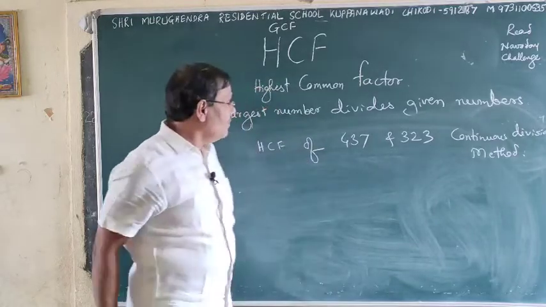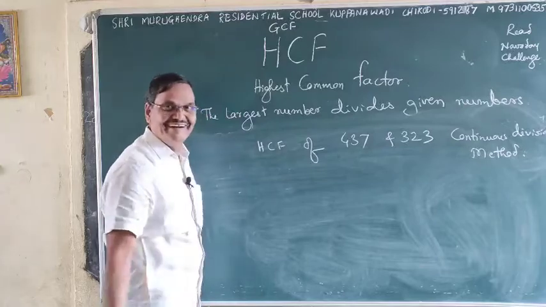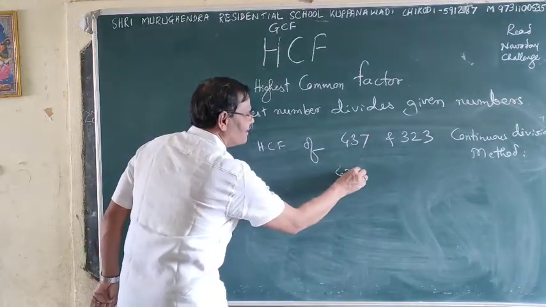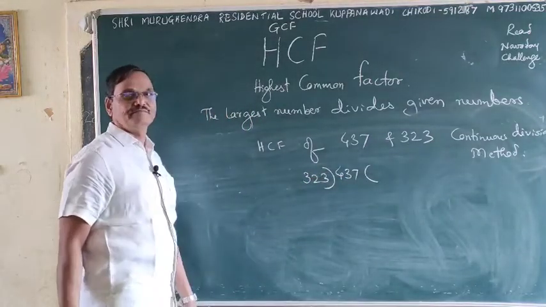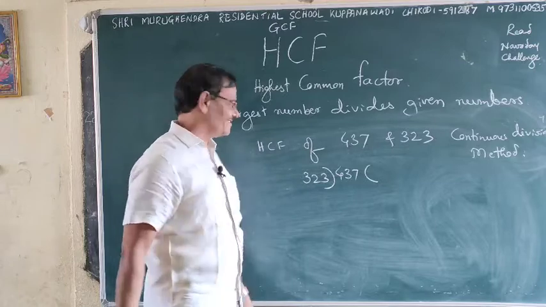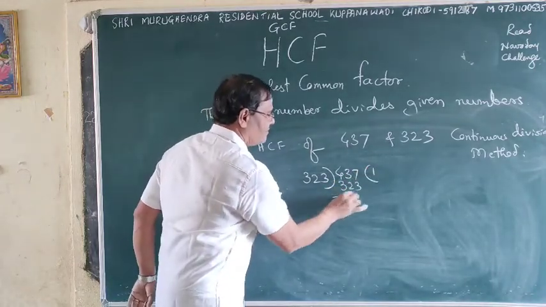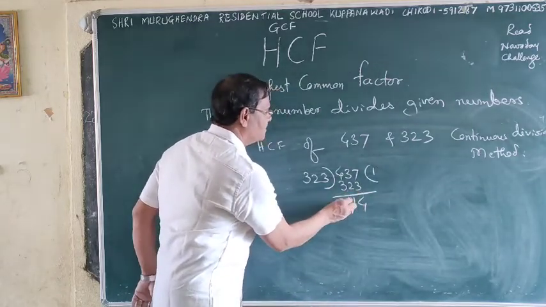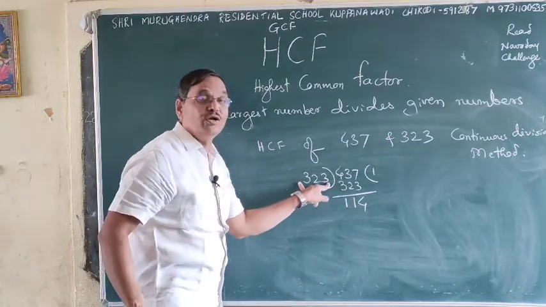So, you have to divide the bigger number by the smaller number. 437 divided by 323, 1 times 323. 4, 1, 1. Then again you have to divide.